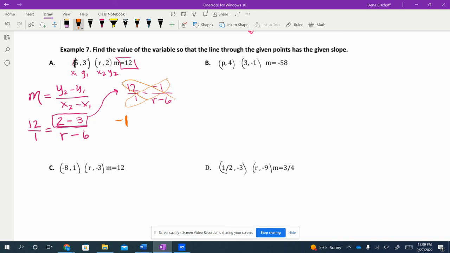How do I do 12 times R minus 6? That R minus 6 is in a parenthesis. Gavin says you got to distribute that. Okay. So I have to take 12 times R and 12 times negative 6. Listen up. So I have negative 1 equals 12R minus 72.